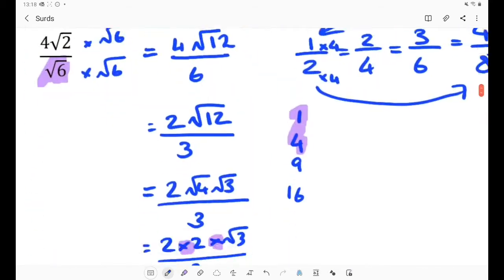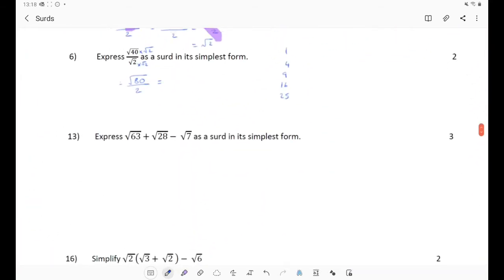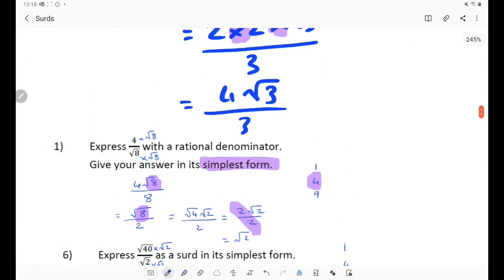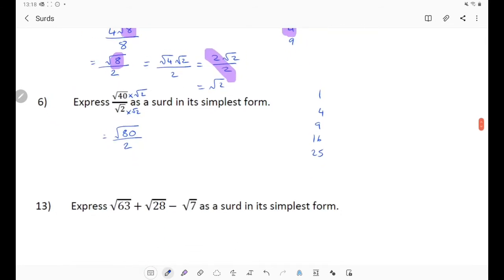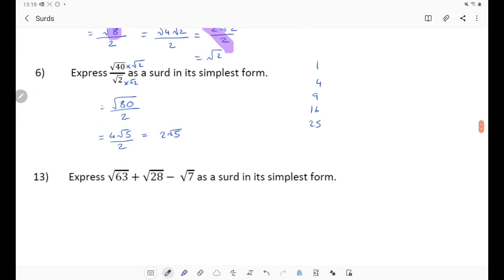So we just took our answer, 4 root 5, and we used it down here. Simplify, we end up with 2 root 5.